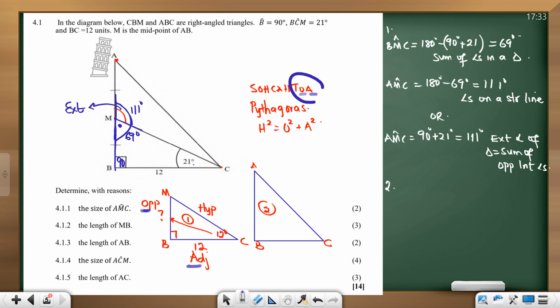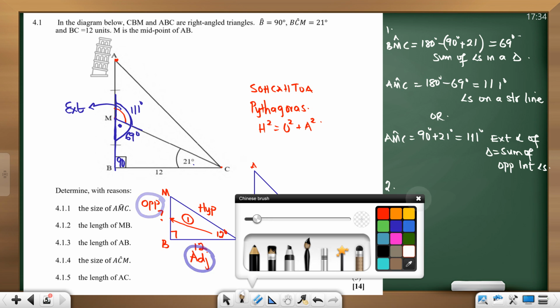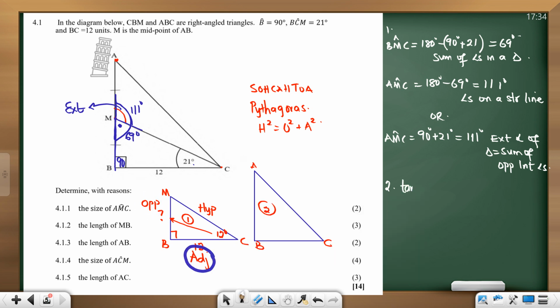Opposite and adjacent, what is that? Tan. Do you see that? I'm looking for opposite, and I have the adjacent, so it's tan. And you are done with that question. Tan of which angle? Tan 21 degrees is opposite, BM, over adjacent, which is 12. Cross multiply.